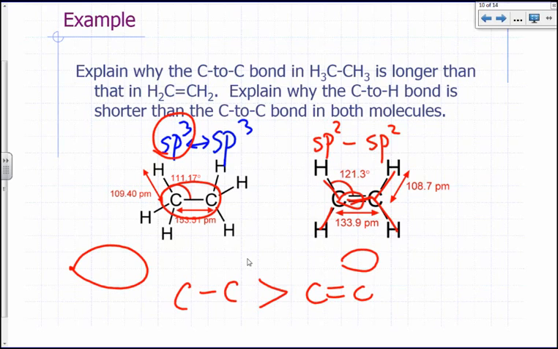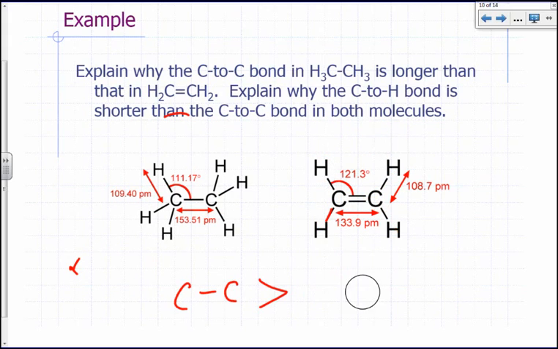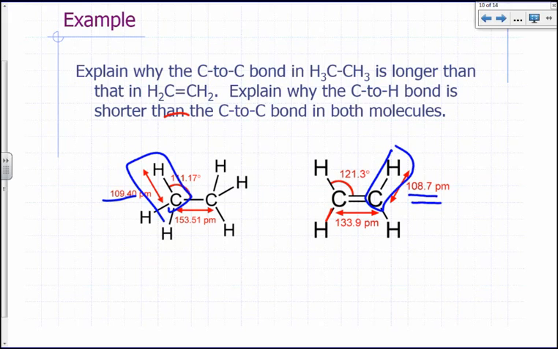Now let's compare the carbon to hydrogen bonds. If you look at the bond between carbon and hydrogen, this bond right here is 109.4 picometers. Carbon to hydrogen, but this carbon to hydrogen is 108, and again this length right here is shorter. How do we explain that?